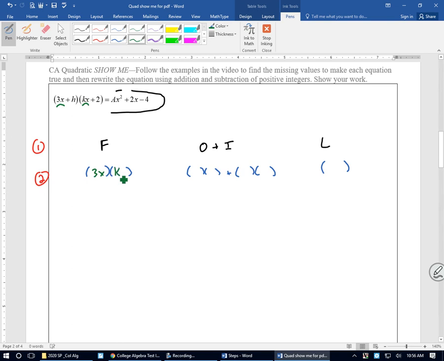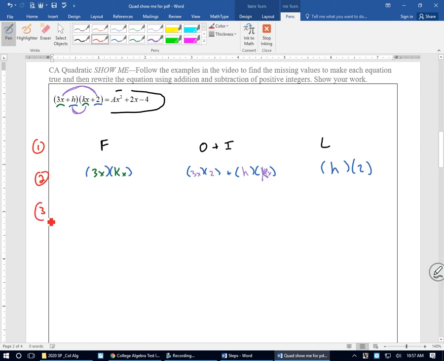Make sure your k doesn't look like an x. For the last, h and 2. For the outside, I have 3x times 2. And for the inside, I have h times kx.